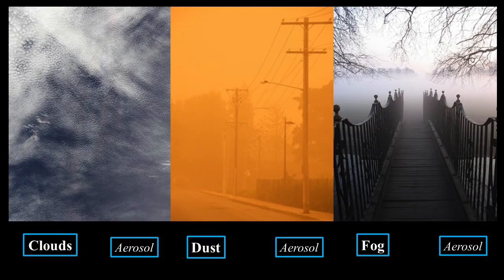Here are some examples of clouds, dust, and fog. And again, be careful about the size of the particle. You can have clouds or aerosols, and if the dispersed particle is large, things settle, and that's a suspension.